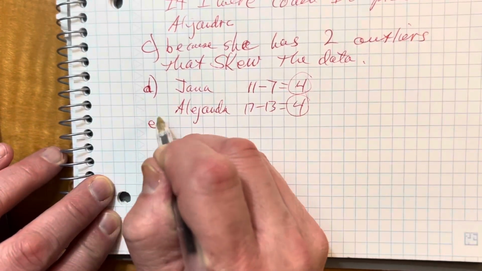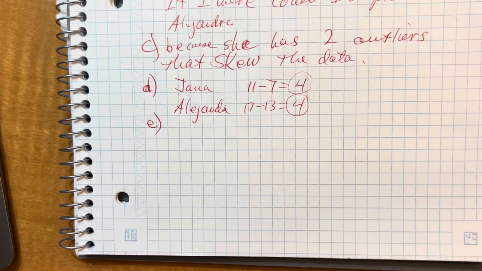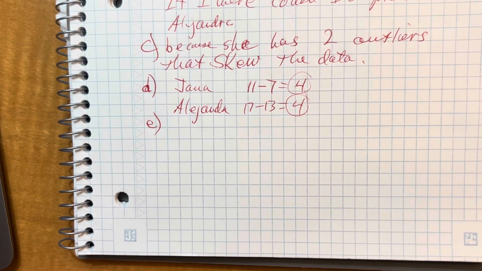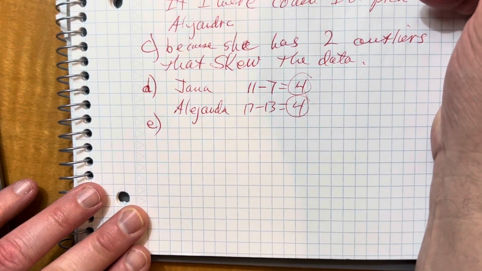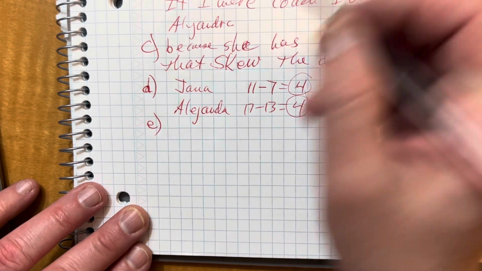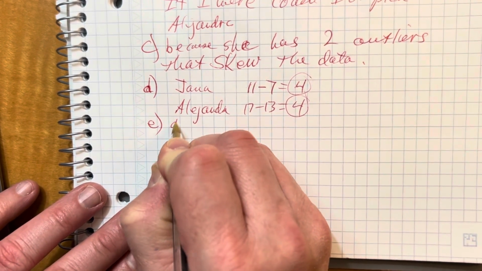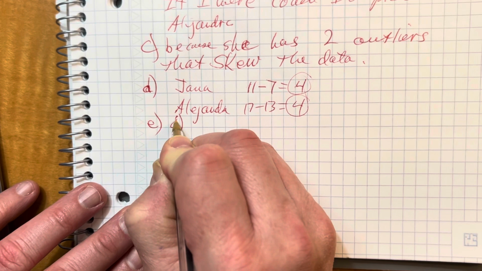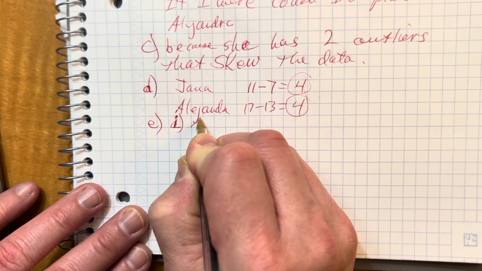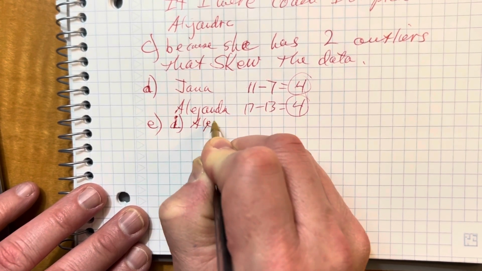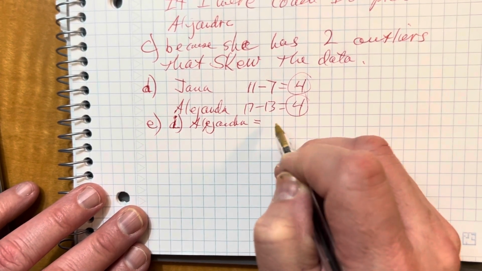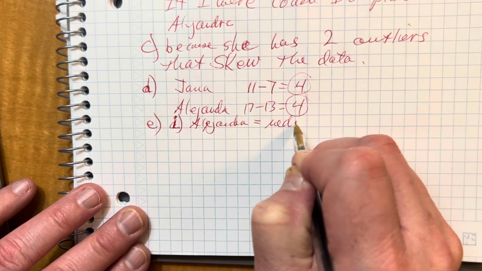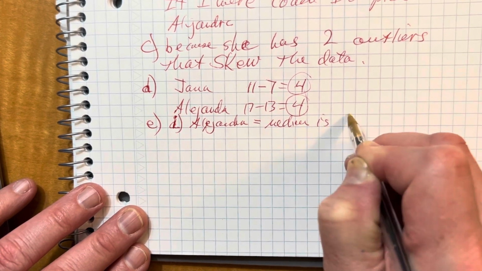Letter E. How large is the difference? Who had the higher median and by how many points? Well, the higher median was Alejandra. The first part of this, I'm going to say letter I, is Alejandra, her median is 15 points.